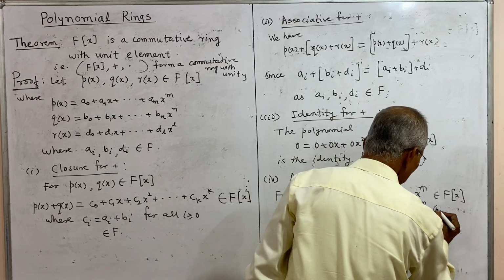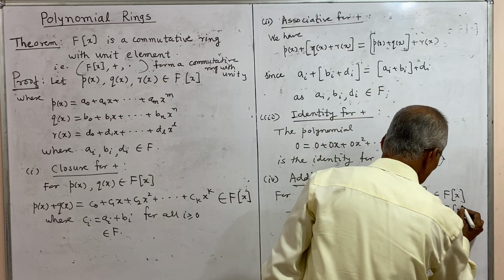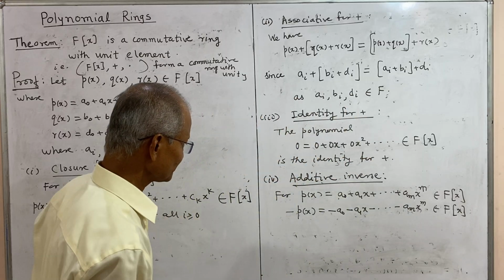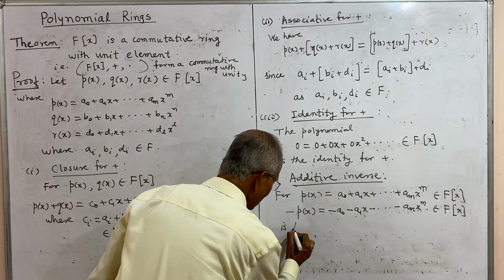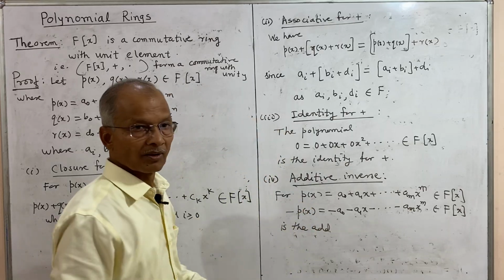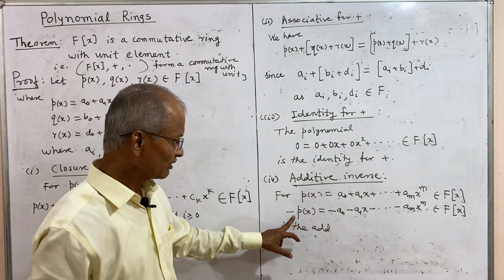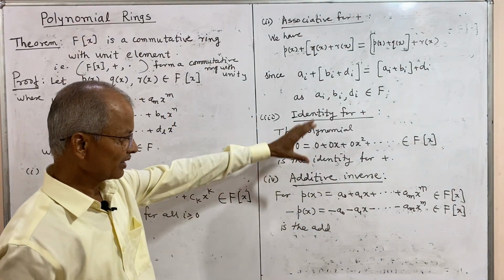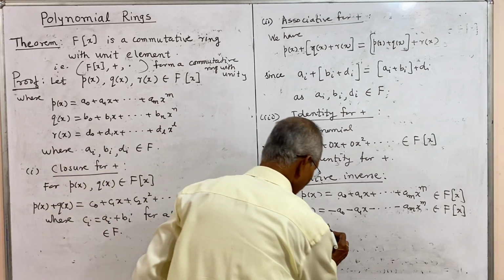This also belongs to F of x, and is the additive inverse, because their sum is 0. p of x plus negative of p of x is 0, and therefore these are additive inverses.